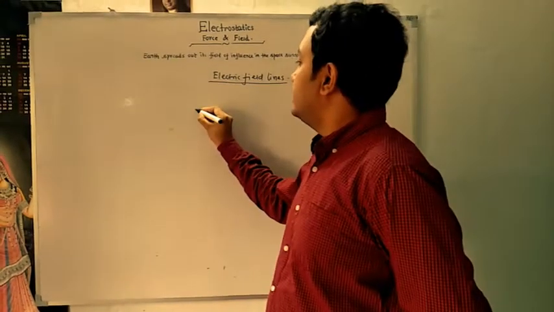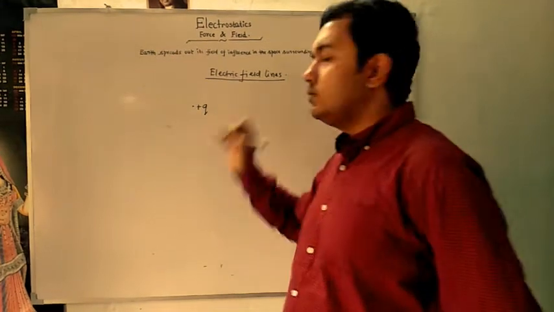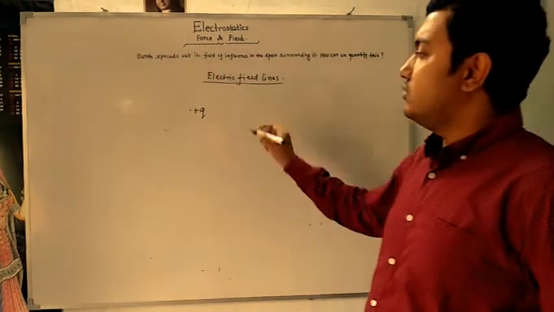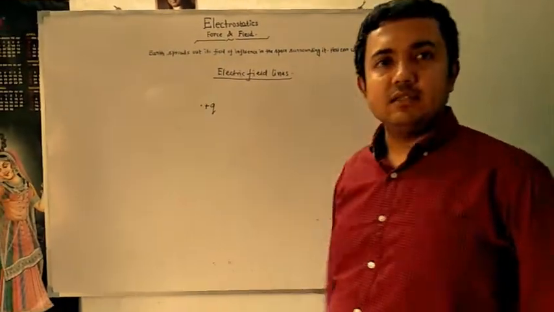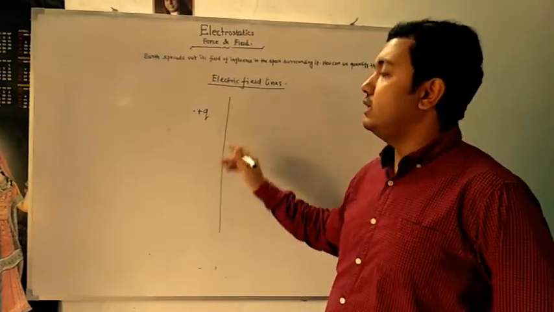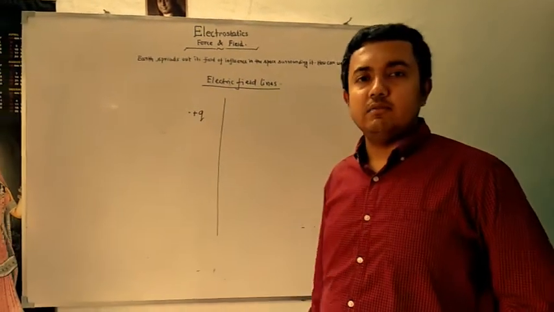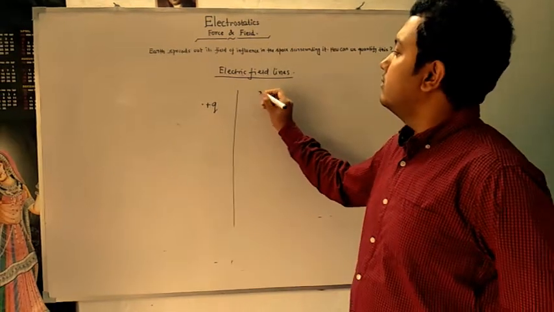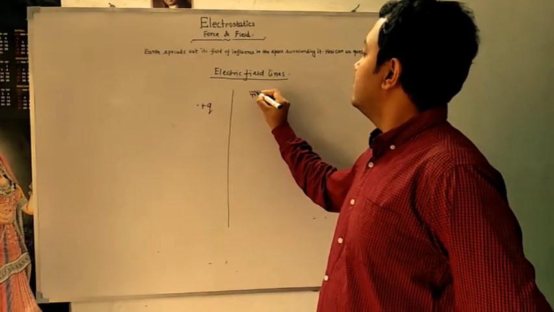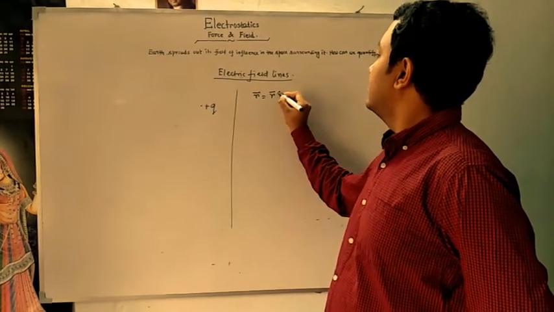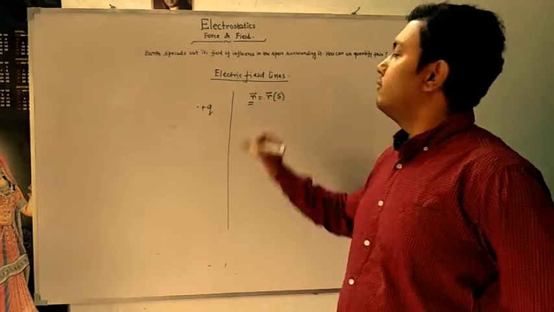For a point charge plus q, we can draw the field lines. If we want to find the mathematical equations of the field lines, we can write r vector.